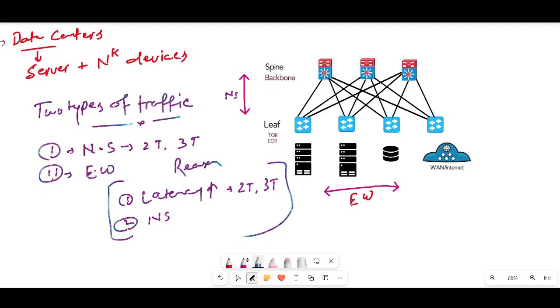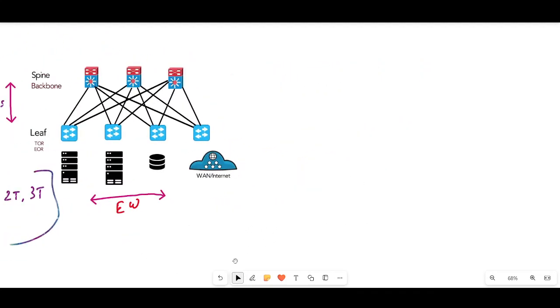So, because it is based on servers and network devices, we can call spine leaf architecture by other names. Spine leaf architecture is known as Clos architecture.